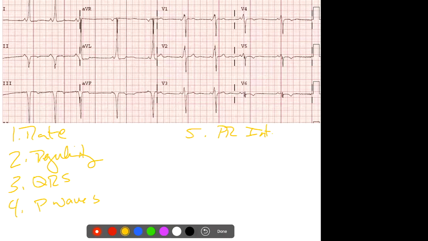Just like my children. All right, 1, 2, 3, 4, 5. We have 5 big blocks, which would be 25, plus 1, 2, 27, plus maybe 1, 2, so 29. So 300 divided by almost 30 is 100, right? So we're in the neighborhood of 100. Does that make sense? Okay. So the rate is around 100.